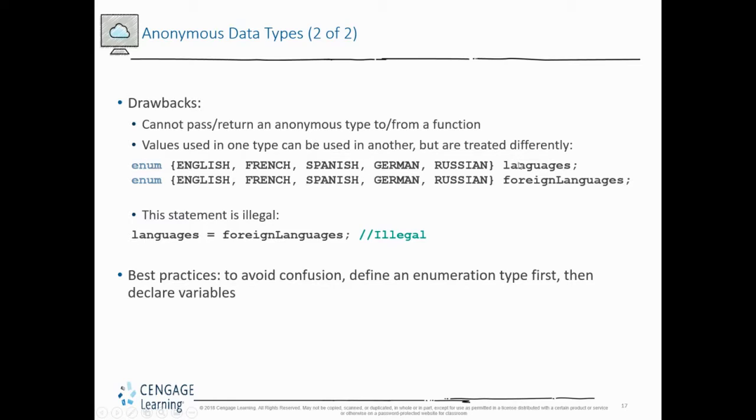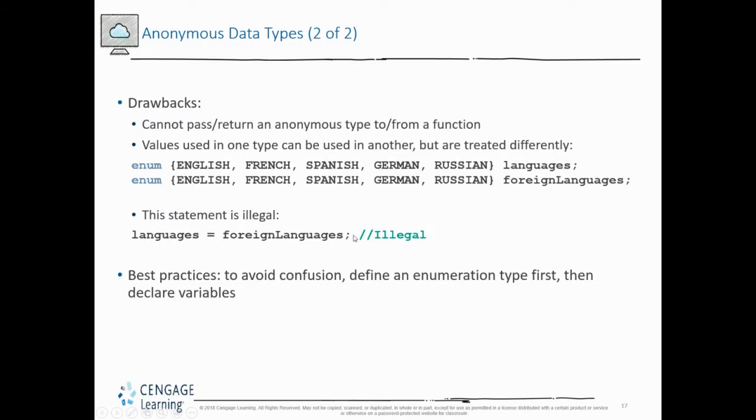So here, enum, and then they're giving us some languages, and then they're assigning it to languages. Then they have the same thing, enum, English, French, Spanish, German, Russian, foreign languages. So in this case, they're saying this statement, languages equals foreign languages, is illegal, which gets back to that first statement I mentioned where it didn't make a whole lot of sense.